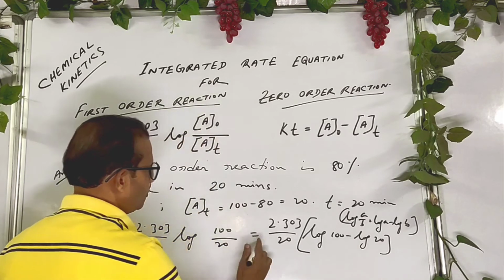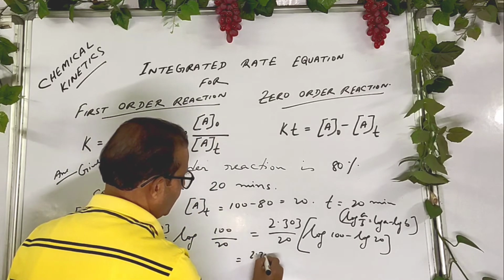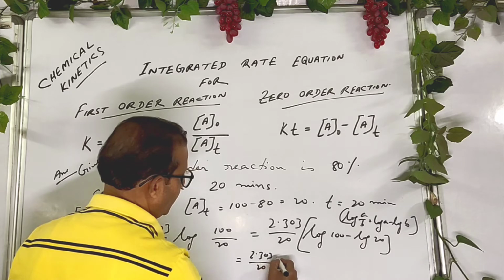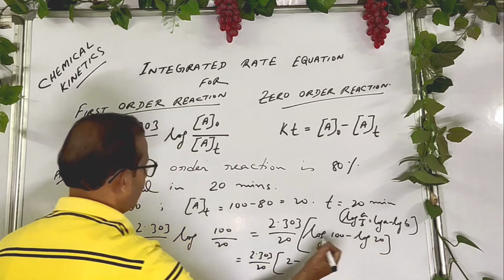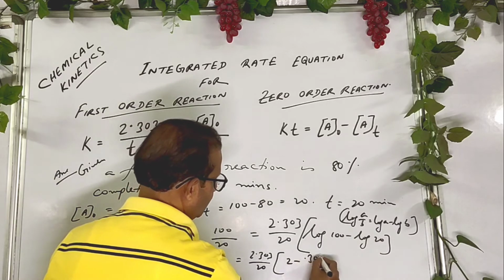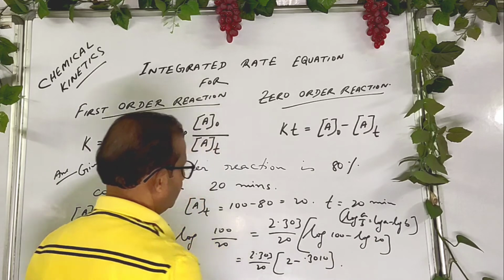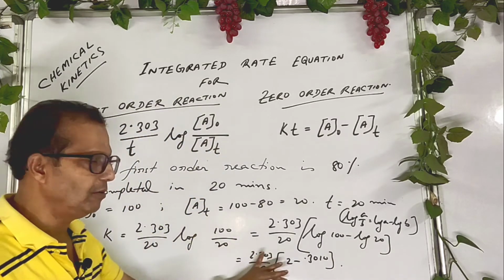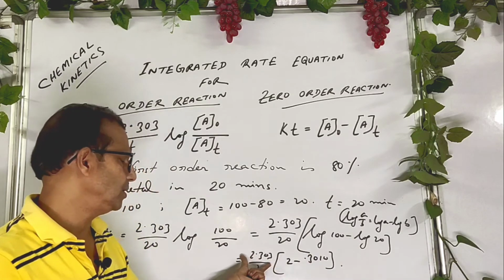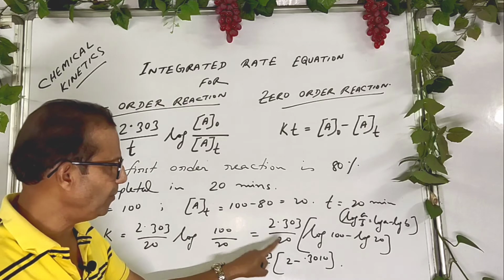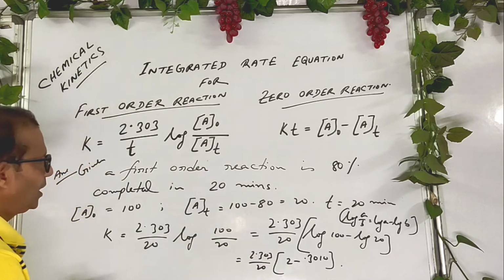That's why just put it: k equals 2.303 by 20, log 100 means 2, minus log 20, given 0.3010. Now don't calculate too much, just subtract it and write it. Now put the same value into the second part.